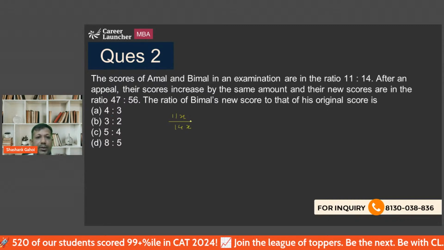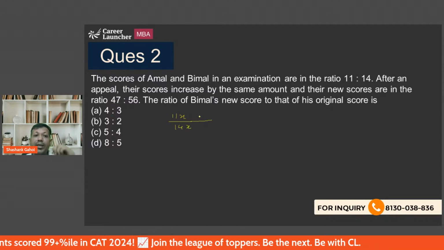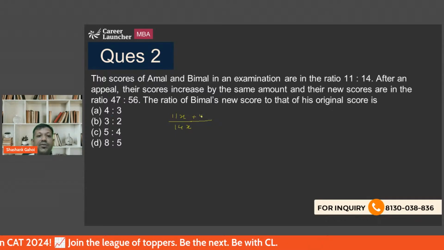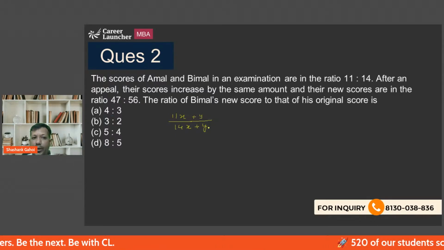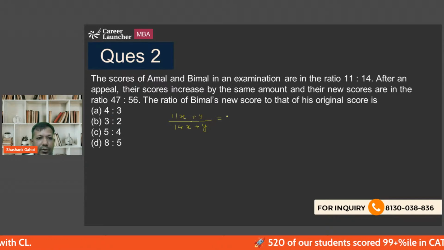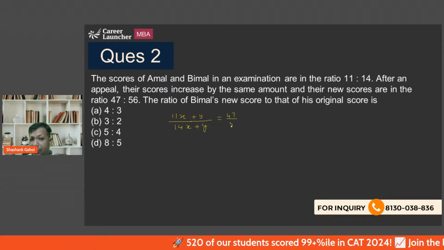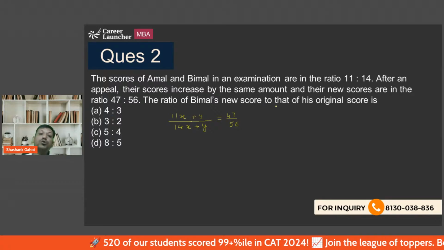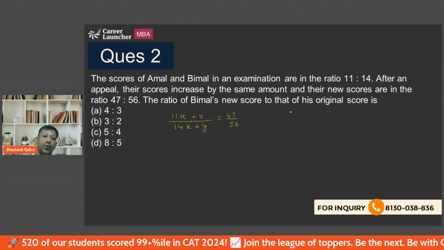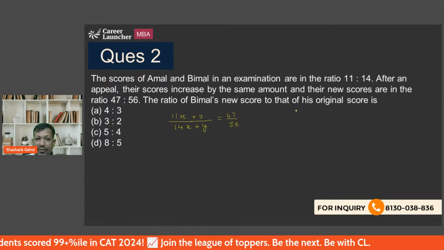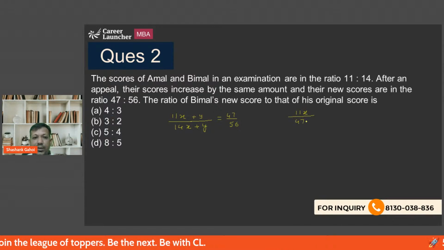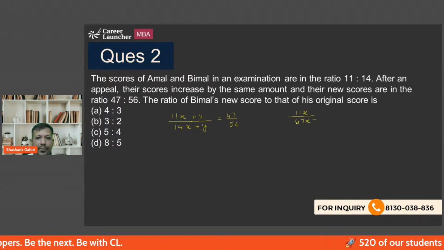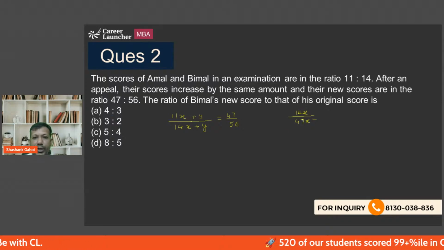Their scores increase by the same amount, so their scores increase by y. So this is the final score of Amal and Bimal. Now this ratio is given to us as 47:56, and that's what the question is saying. Now what is the question asking? The ratio of the original score of Bimal, so that is 11x upon 47x plus y. Sorry, I made a mistake over here. So it is 14x divided by 56x.